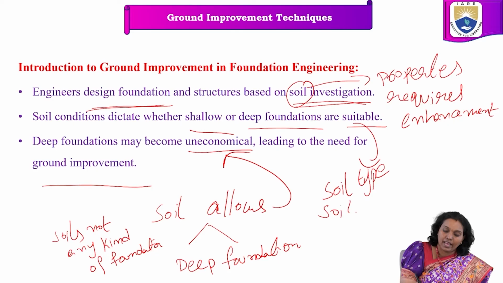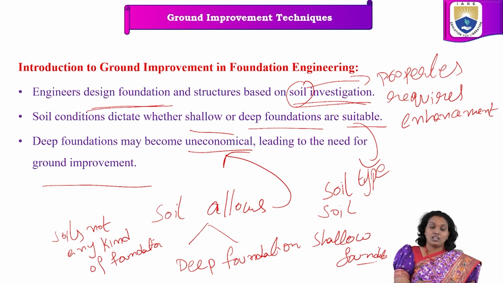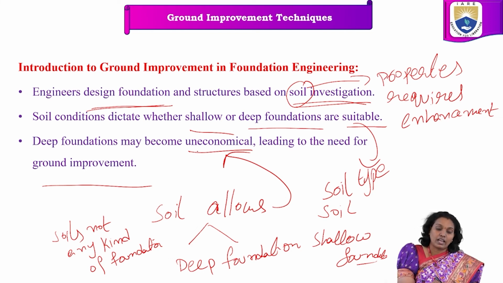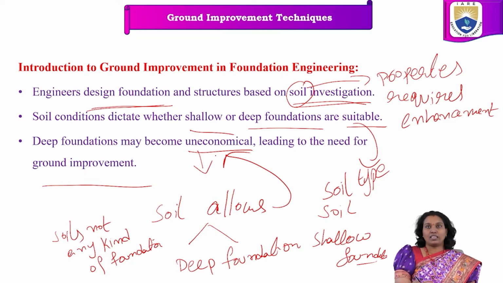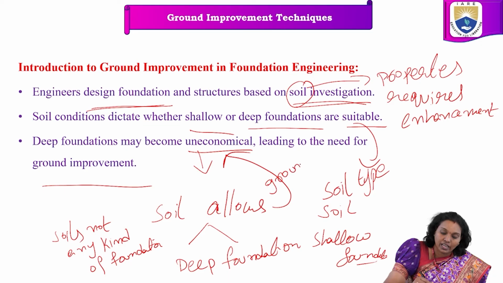Some soils may allow shallow foundations. For shallow foundation there is no problem. Coming to the deep foundation, the soil may allow it but it leads to being uneconomical, it is not at all economical. Then we need a ground improvement technique for such types of soils.